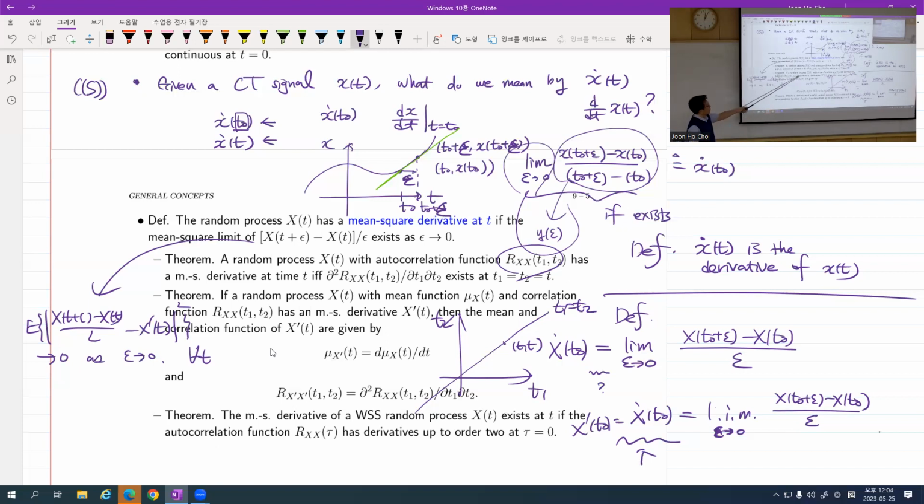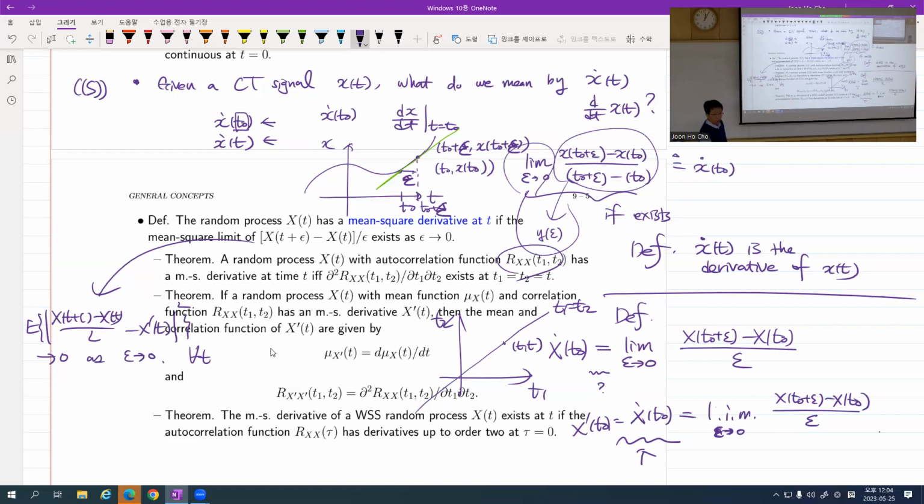This theorem: if the random process has mean path mu sub x of t and the autocorrelation function, and this x of t has a mean square derivative, then the interesting thing is that the derivative of the mean path is given by the mean of the derivative.